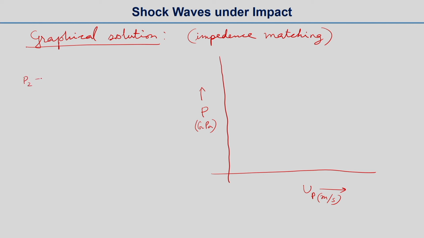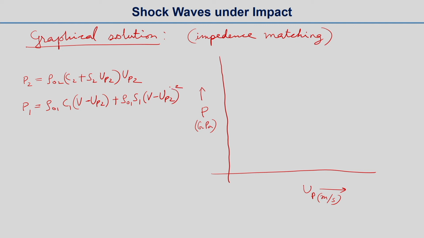So, P2, that is for the target, is rho naught 2 C2 UP2 plus S2 UP2 squared, and then the pressure P1 is rho naught 1 C1 (V minus UP2) plus rho naught 1 S1 (V minus UP2) whole squared.